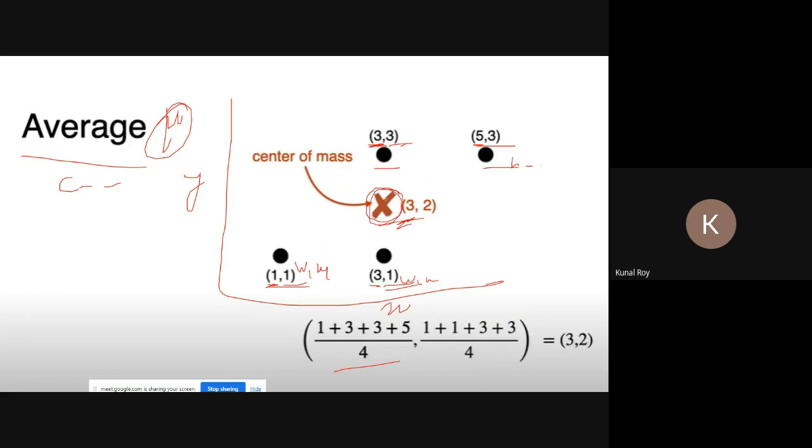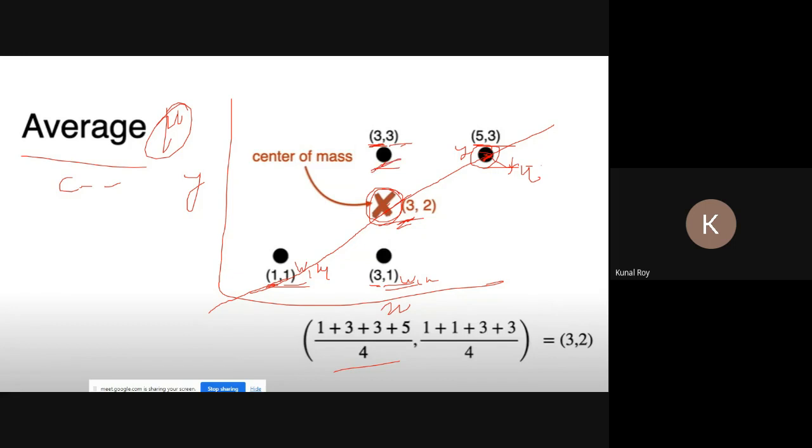Now with the help of this, I will try to construct a discriminant function. So using the center of mass, I am calculating the discriminant function. We have taken that this data point can have an x variance, and this data point can have a y variance.